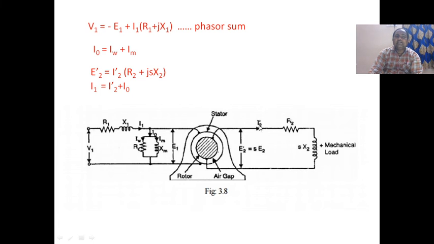That is the secondary current, that means the rotor current, represented in the stator. E2 dash means rotor induced EMF represented in the stator. I0 is split into two parts, IW and IM. So this is the equivalent circuit and phasor diagram of the induction machine.